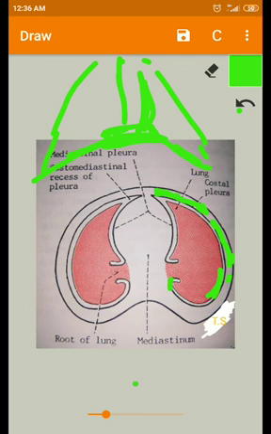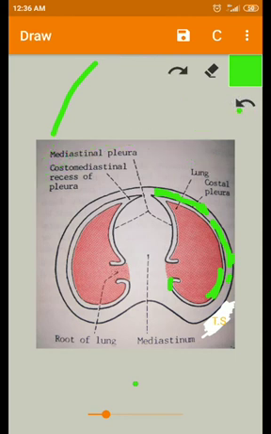So again we will see, normally the parietal pleura is originating from the somatopleuric layer of the lateral plate of the mesoderm, and it is supplied by the somatic nerves. So these are intercostal nerves and phrenic nerves. The parietal pleura is pain sensitive.